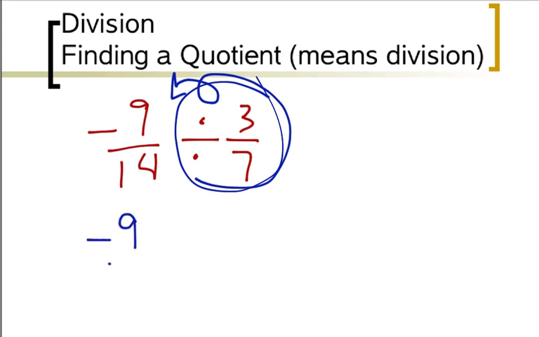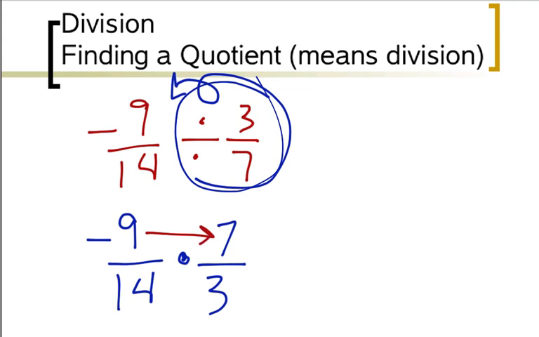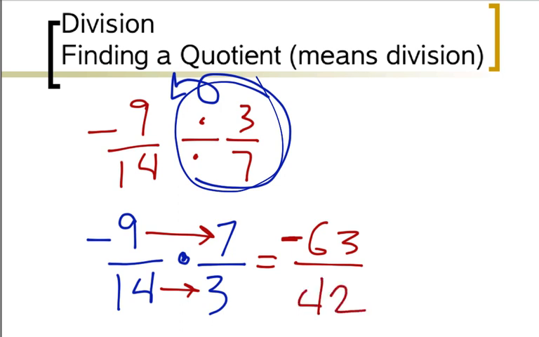So it's negative 9 over 14, and you flip and multiply by 7 over 3. Once you've got it flipped, it's just a process of multiplying straight across. Negative 9 times positive 7, you get 63, and it's negative because the 9 was negative. And then you do 14 times 3, which gives you 42, and that will be sufficient for our answer.